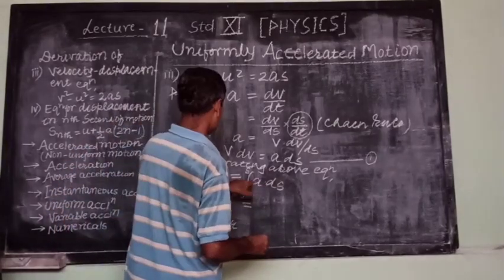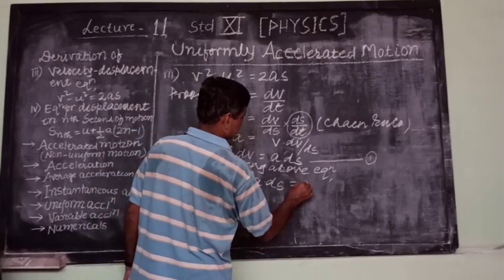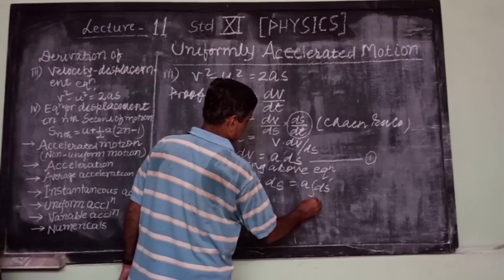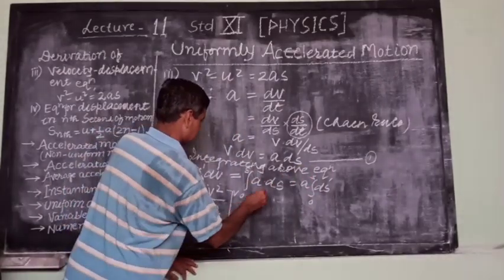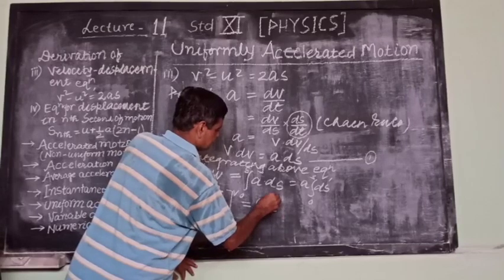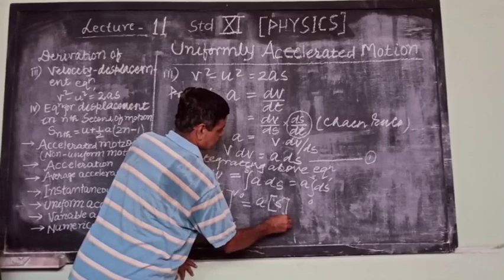What will be the integration of ds? We can write a will be here, integration of ds from 0 to s. This will be a into integration of ds, that will be s from 0 to s.